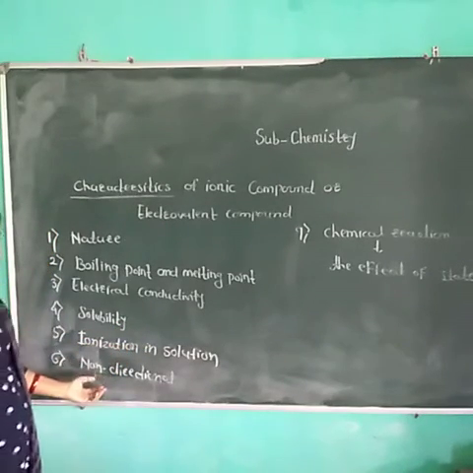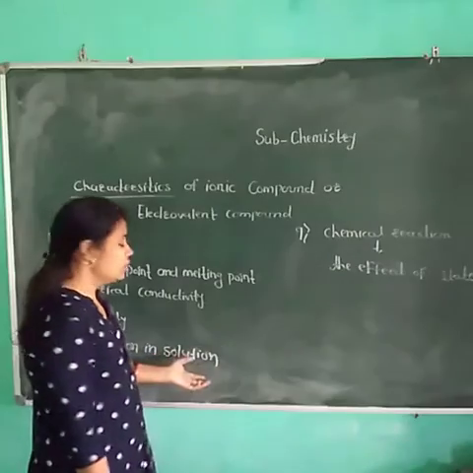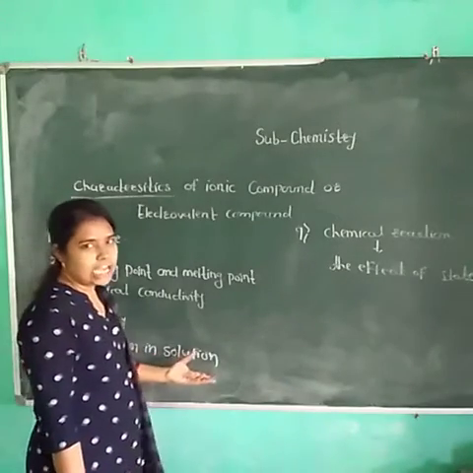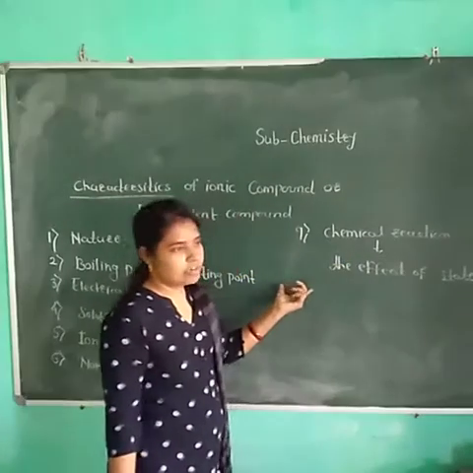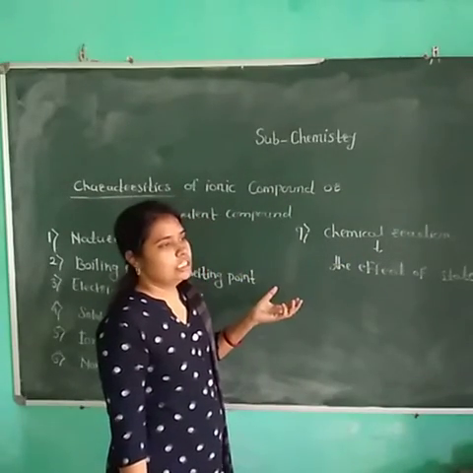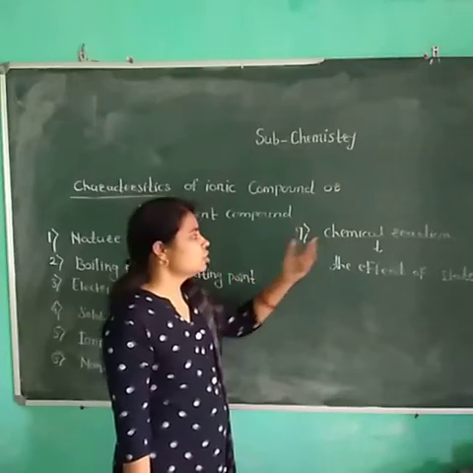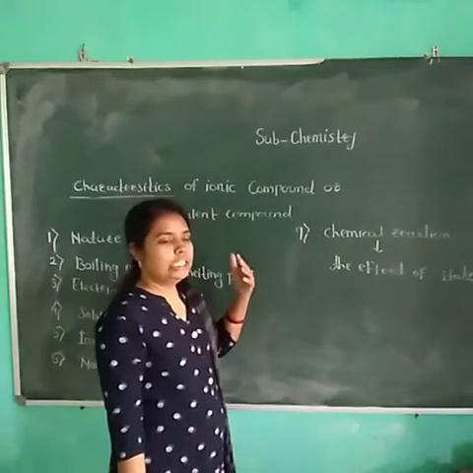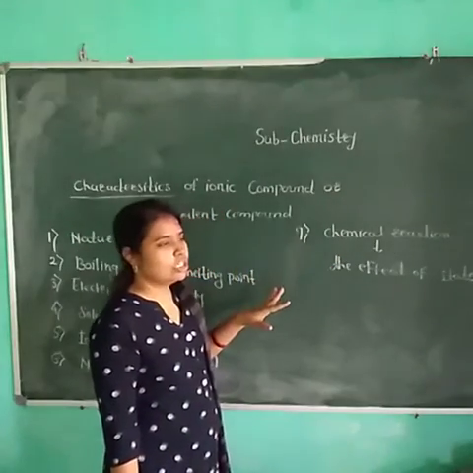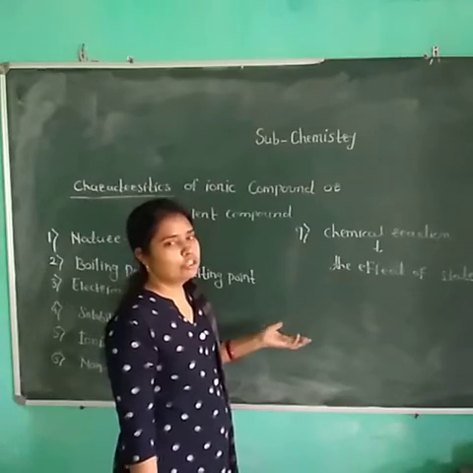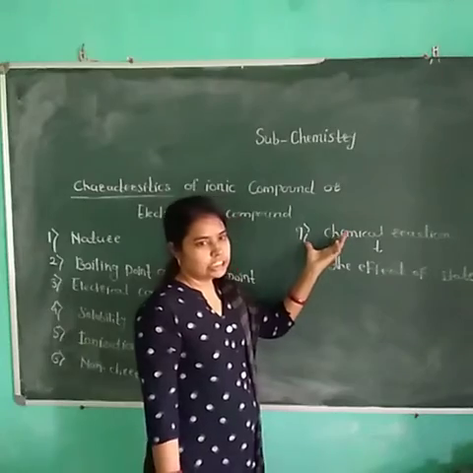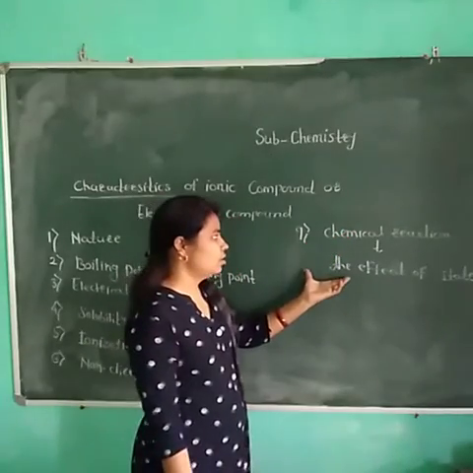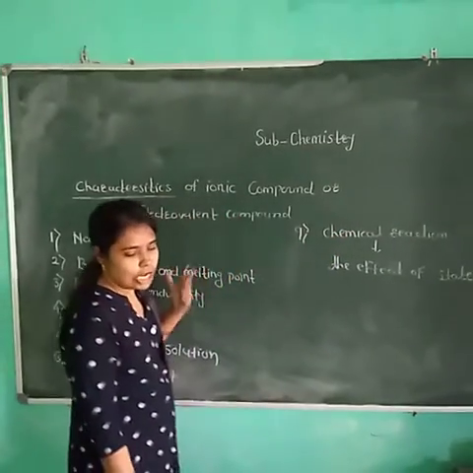Why is it called non-directional, and why can it not exhibit the phenomenon of isomerism? Seventh is the chemical reaction: what is the effect of the solid state on the chemical reaction, and what is the effect of the molten state when NaCl is converted into the molten state? These are the main properties of the ionic compound.